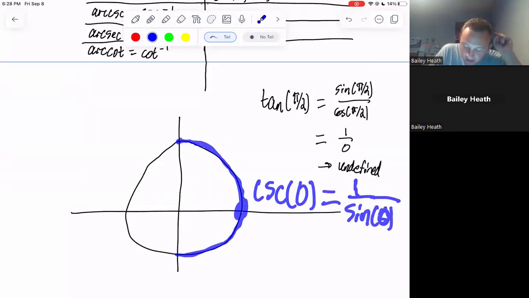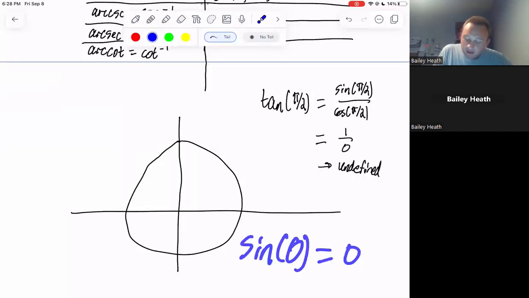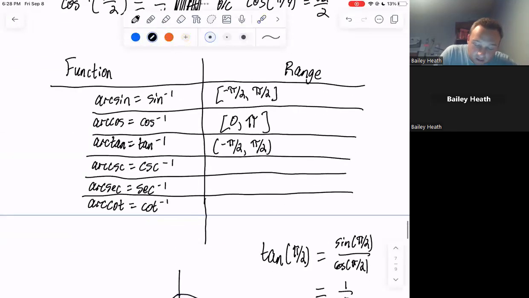Sorry, that should be a 0, not a theta. Cosecant of 0 is 1 over sine of 0, which is 1 over 0, right? Sine of 0 is 0, so cosecant of 0 is undefined. So for cosecant inverse, we do choose basically that negative pi over 2 to positive pi over 2 range, but we have to chop out the point 0.